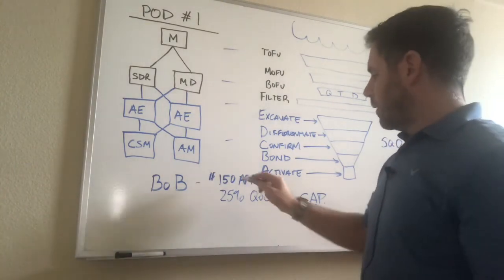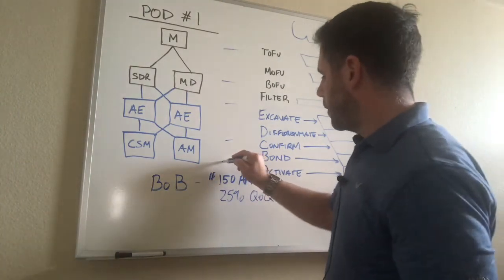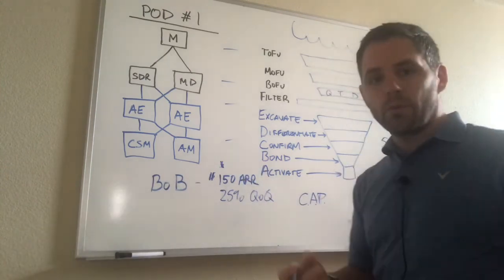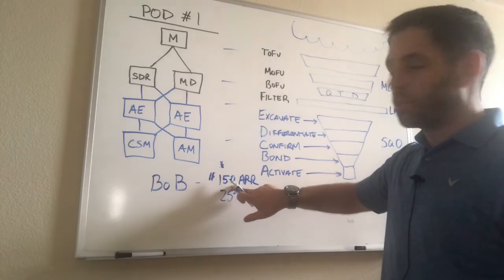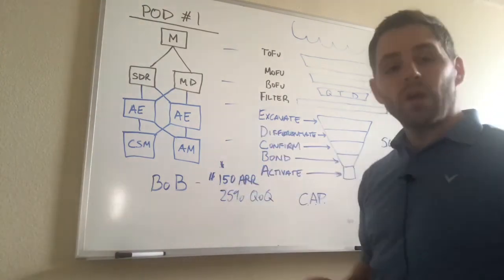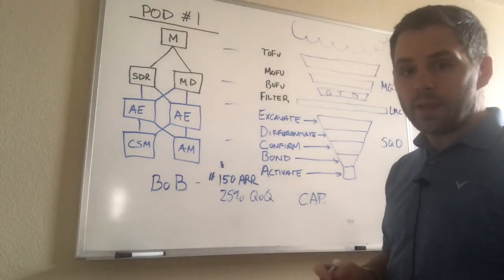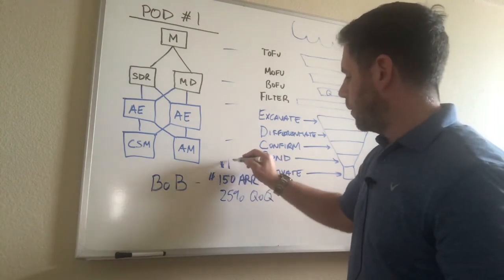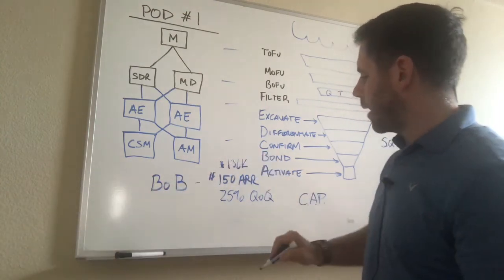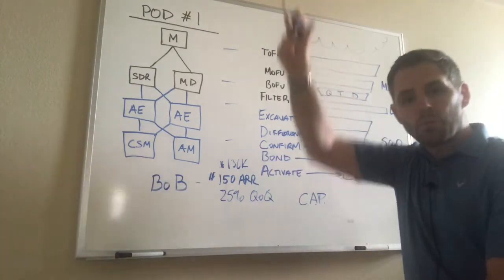Because here's the thing, that book of business might drop with churn, with customer turnover. If they start with 150K in annual recurring revenue and 2 customers that make up 20K of annual recurring revenue churn during that time, well, now they've dropped down to 130K and they have to make up that much more ground.